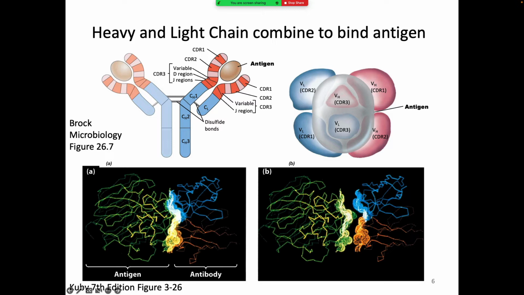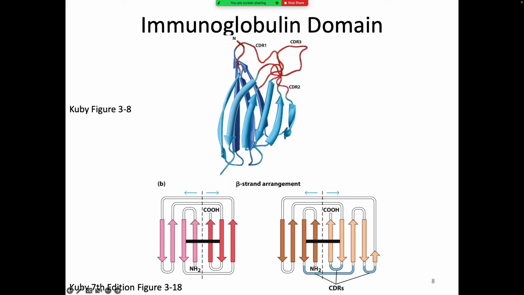But I'm going to answer Karamie's question first. Where are the loops exactly on that diagram? So these are actually the tips of the loops. These three are the tips of those loops that are touching the antigen, okay? So those three little circles are the tips of these three loops.